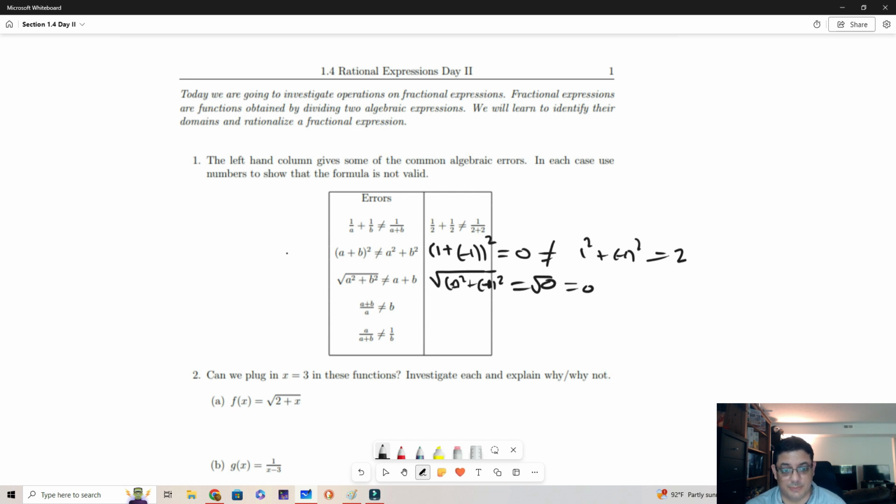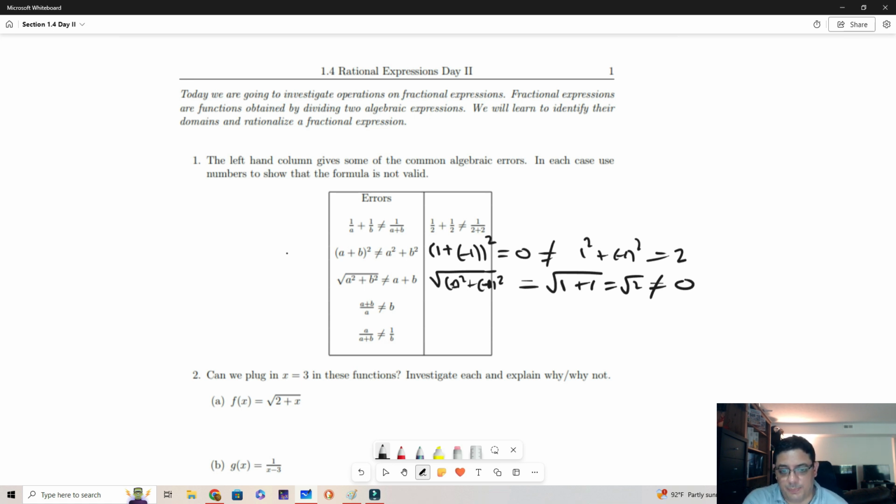Sorry, this is going to be square root of 2, not square root of 0. So it will be equal to the square root of 1 plus 1, and this will be square root of 2, which will be different from 0, which will be 1 plus -1.